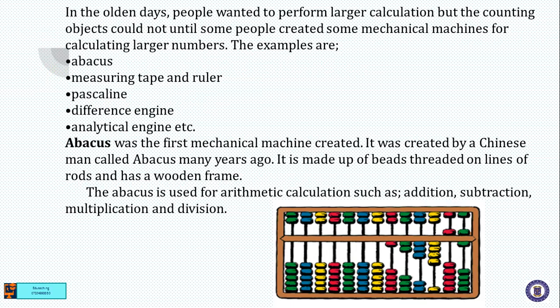And he provided a wooden frame for all of them, so that it was portable and very beautiful and very helpful in counting larger numbers and doing arithmetic operations. This is the abacus that you can see here with different beads and different colors.